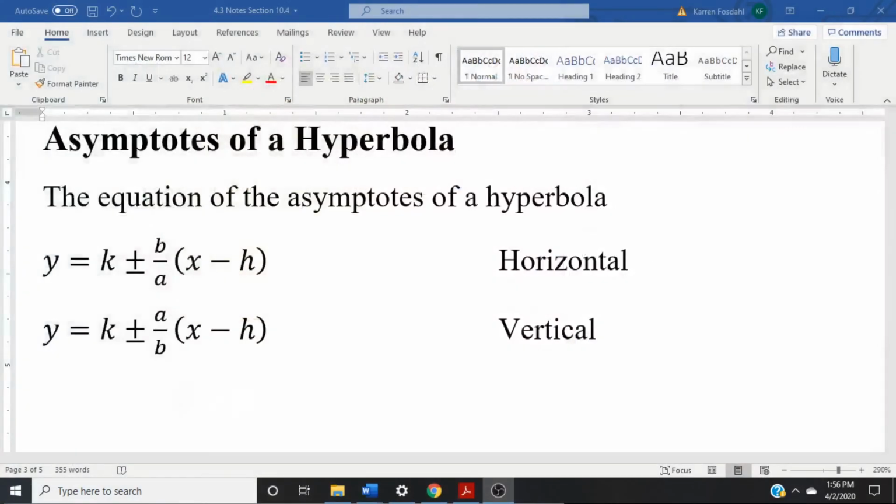So that is our asymptote. Asymptotes are the lines that limit the function. They provide a limitation to the extent at which this function can go.